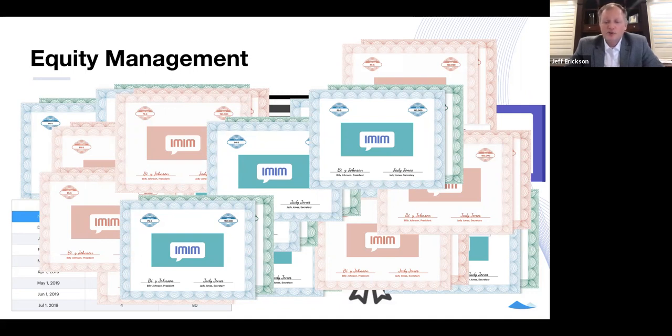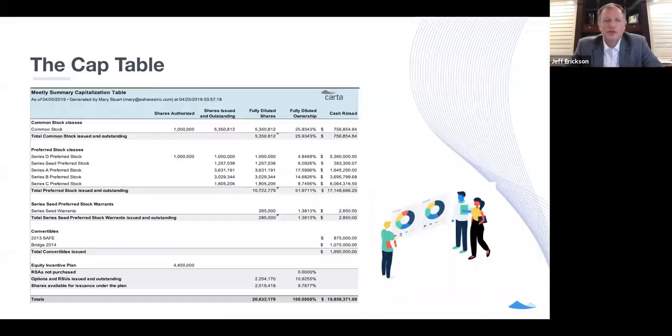And so how do you keep track of all this? This is where it gets into your cap table. The purpose of the cap table is to keep track of who owns what in the company. Your cap table is going to show the different types of securities.